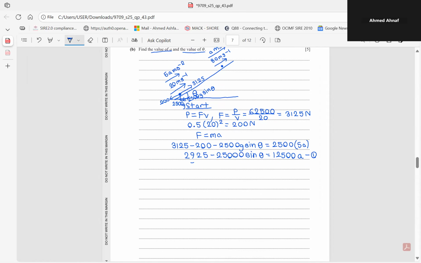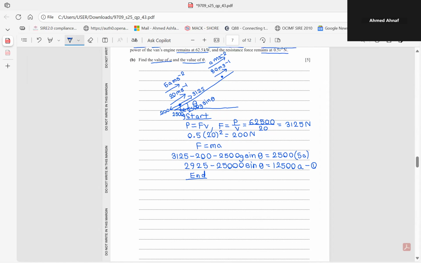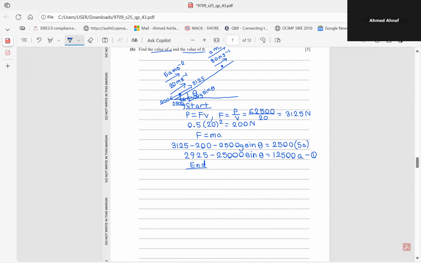Now we're going to consider later. I'm just going to call it the end. So we're going to use the same process, use our P equals FV and find F. So this is going to be 62,500 divided by the speed then, which is 30.